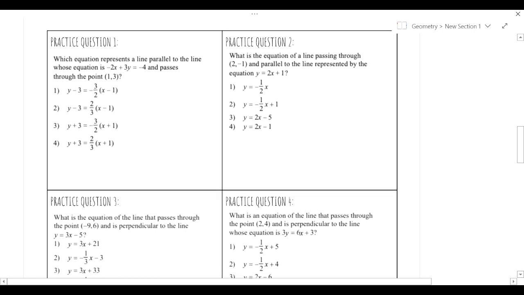Okay, let's go through some practice questions. Practice question number 1 says, which equation represents a line parallel to the line whose equation is -2x + 3y = -4 and passes through the point (1, 3)? Well, first I want to look at all my answer choices here, right?